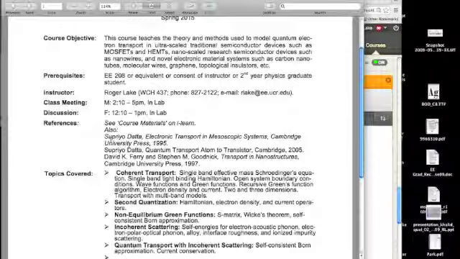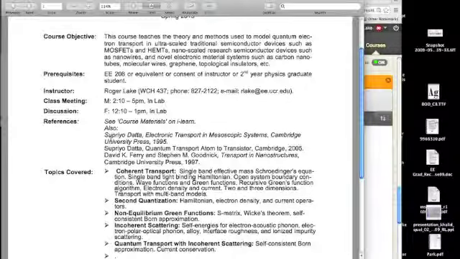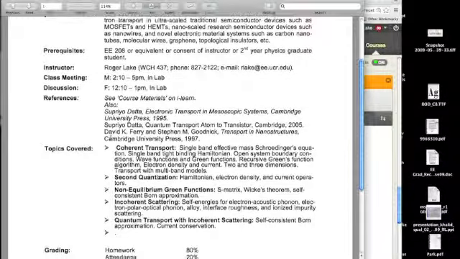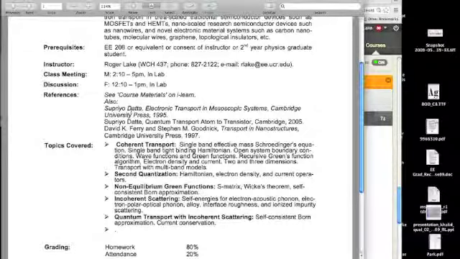In case you don't like the way I present material, it's always good to see it from different perspectives, different presentation styles, different points of view. So here's a classic book by my advisor, Supriyo Datta, from '95, and then he wrote a second one from 2005.